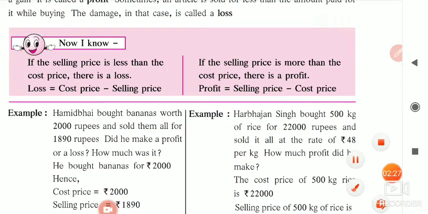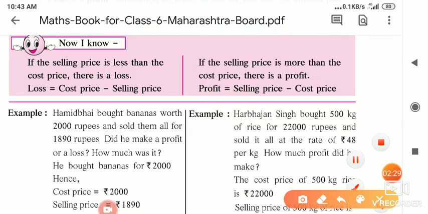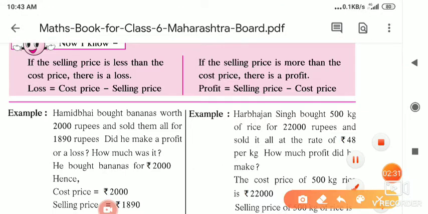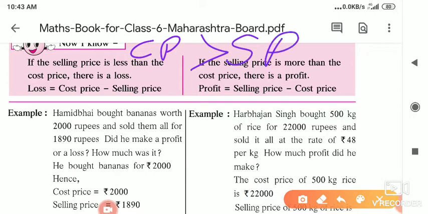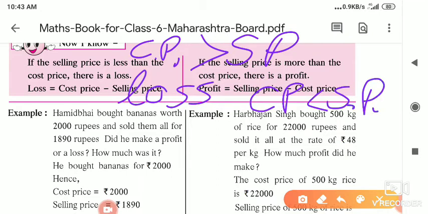One thing you have to keep in your mind, what I told you: if CP is greater than SP, there is a loss. Cost price means the price at which we took that thing. And if CP is smaller than SP, the selling price, then there is a profit.